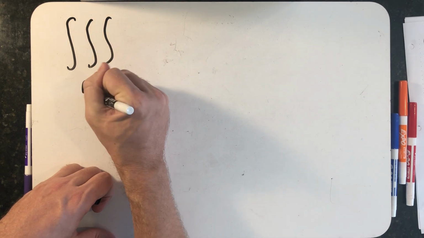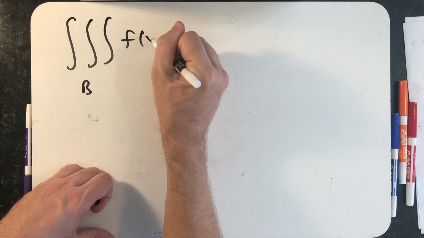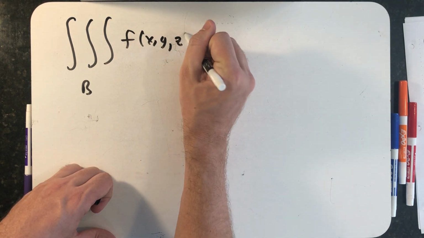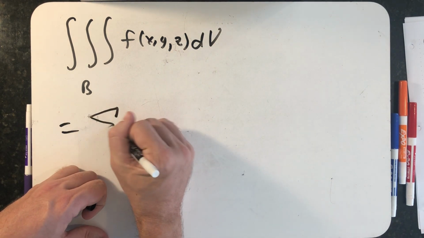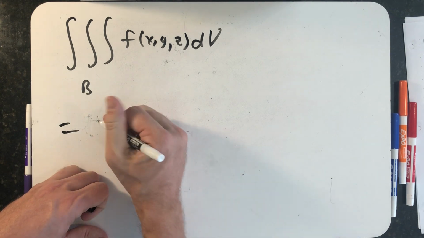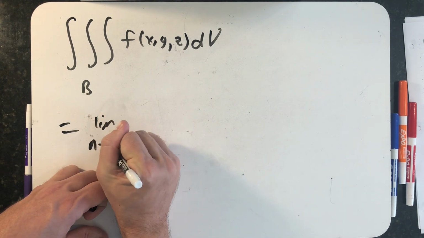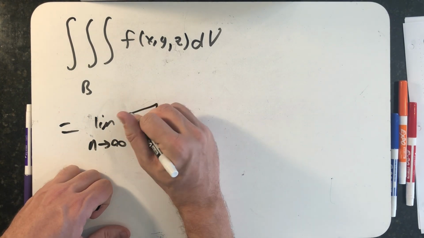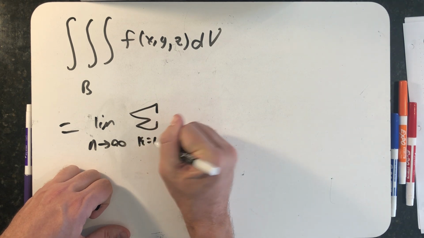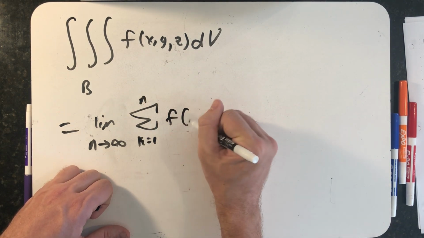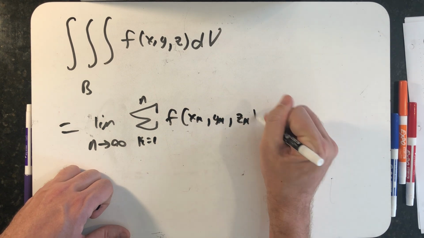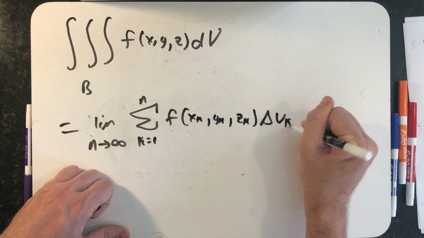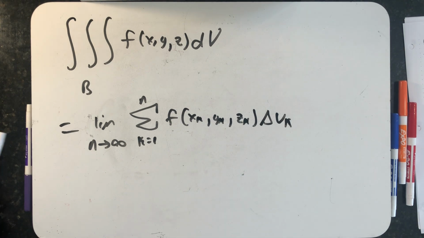The triple integral over the region B of f of x, y, z with respect to V is the limit of the sum from k equals 1 to n of f of xk, yk, zk, delta V sub k. So I'm integrating over volume.